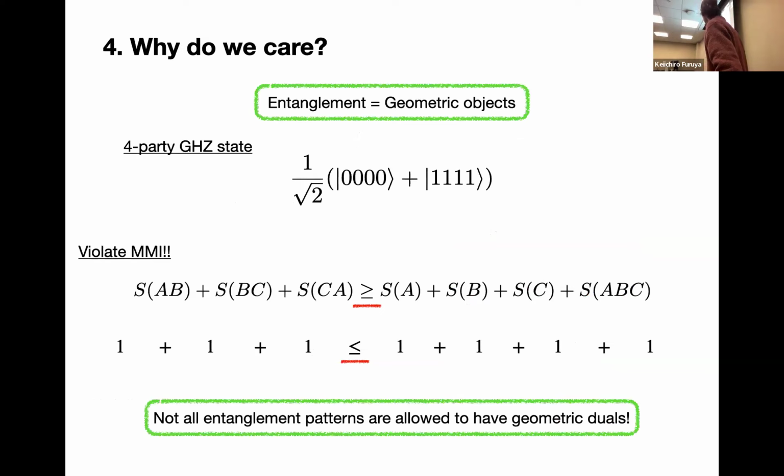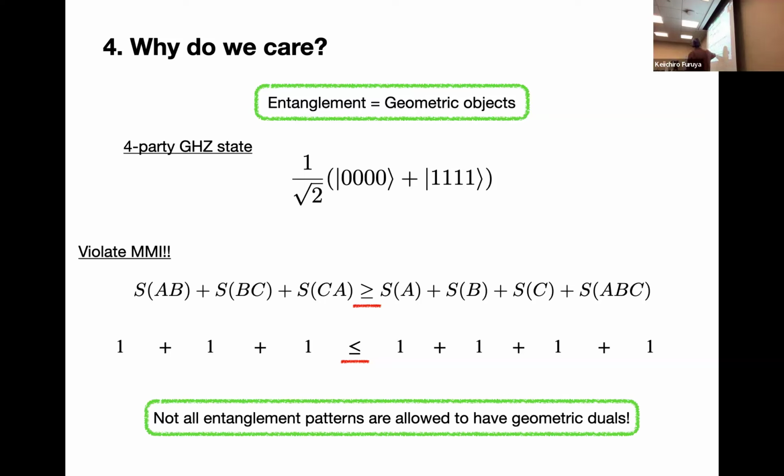Okay, so why do we care? I already talked about it, but entanglement is related to geometric objects. But not all entanglement patterns, as we have seen, satisfy the inequality. For example, this 4-party GHZ state, a quantum state of 4 qubits, does not satisfy the MMI.